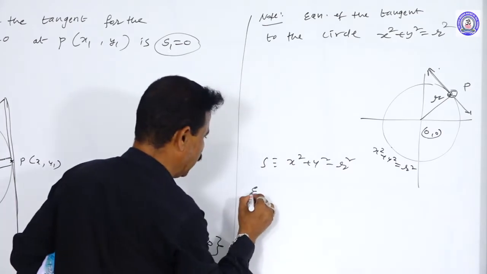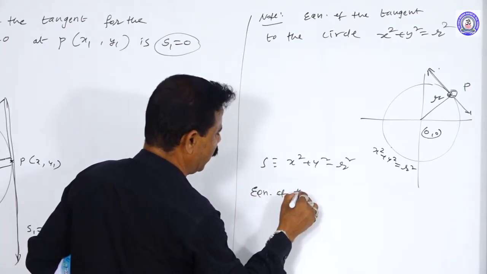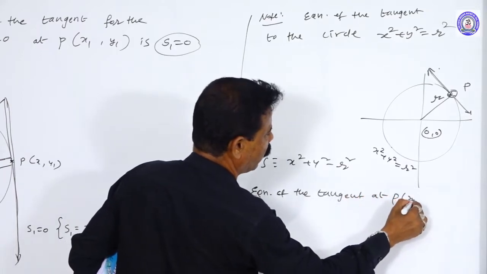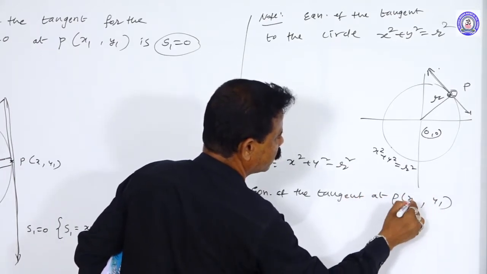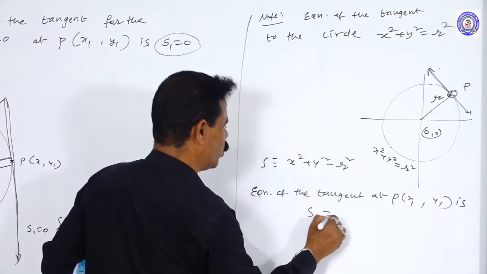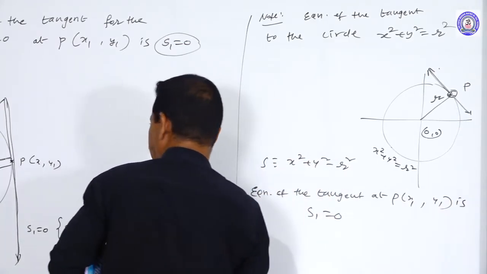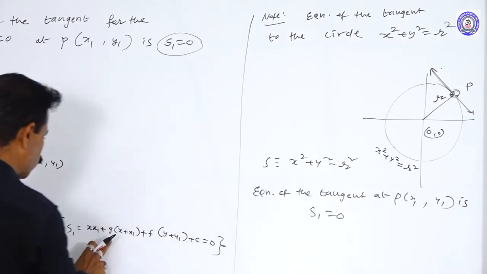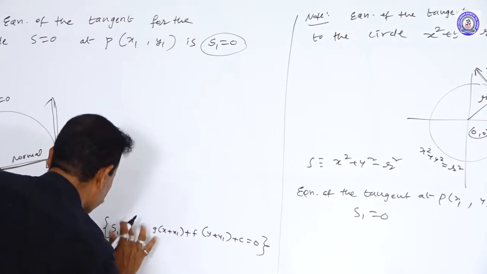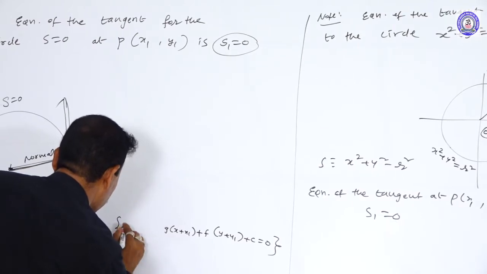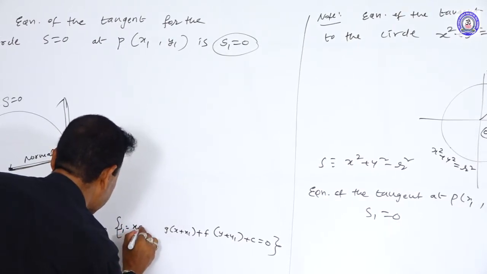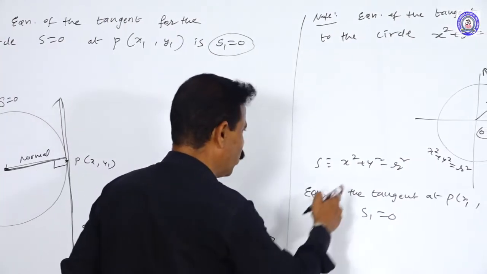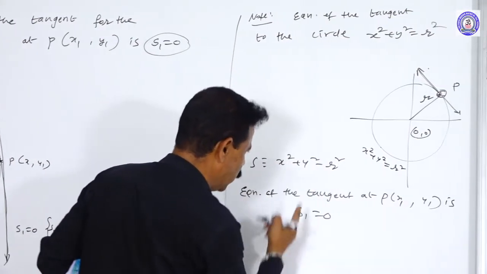So the equation of the tangent at P(x1, y1) is S1 = 0. Here there is no gx, no fy term, only the constant.